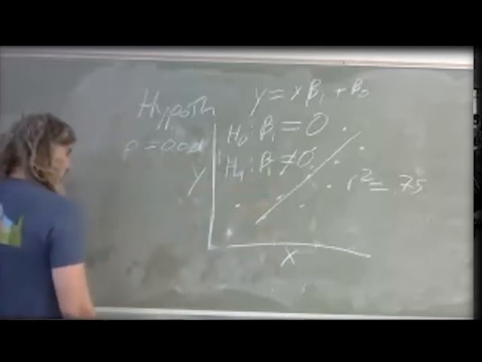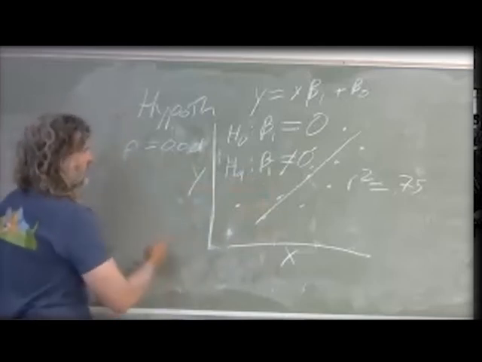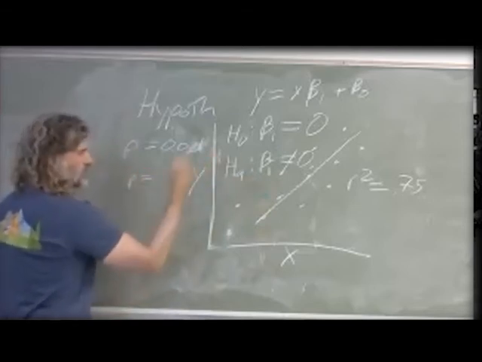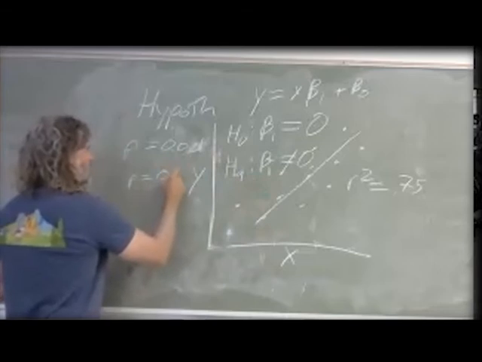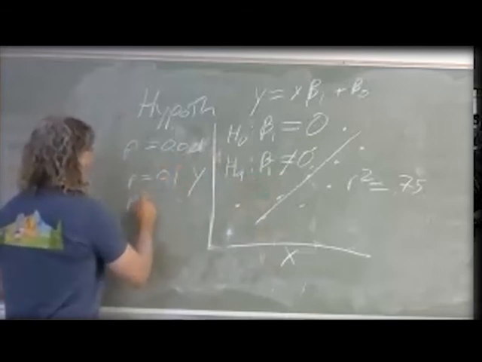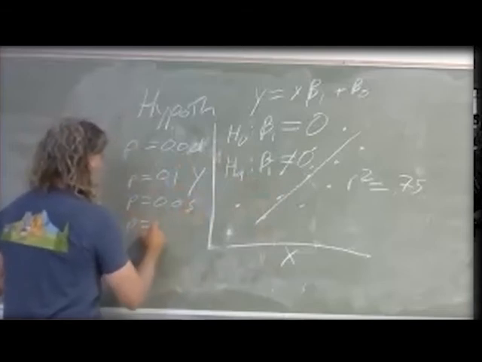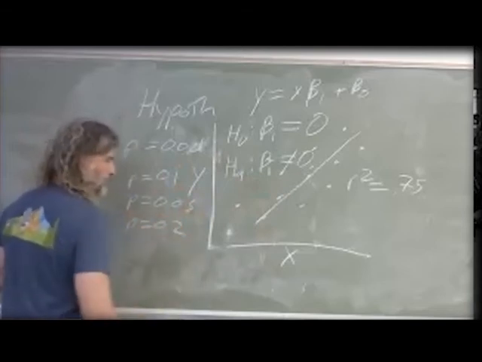Now where things get kind of murkier is when the p-value, say for some other relationship that's not as strong, is 0.1, or 0.005, or let's say 0.2.